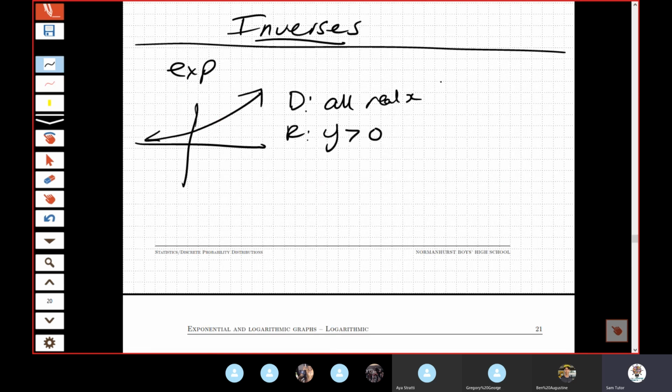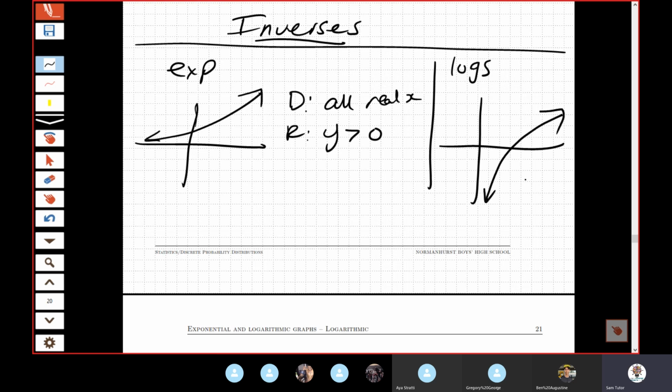Because they're inverses of each other, your logs look like this. When x equals 1, y equals 0, that's at 1. This is an inverse, so that means everything flips. So your domain here will be x is greater than 0.